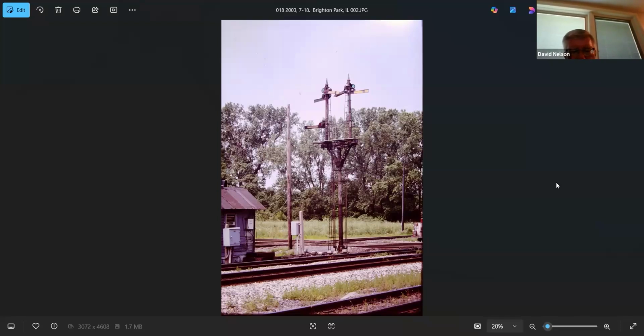The track closest to the photographer is Norfolk Southern, former New York Central. The track closest to the little shed is CSX, formerly B&O CT. And then there's track on the other side of that little shed that's again Norfolk Southern, but this time former Pennsylvania Railroad.